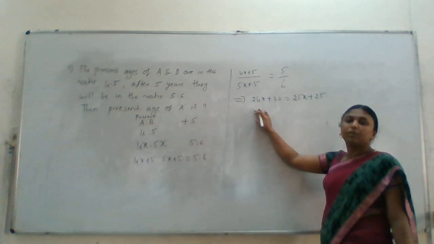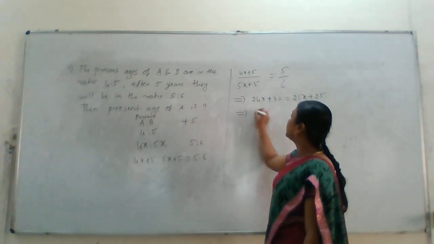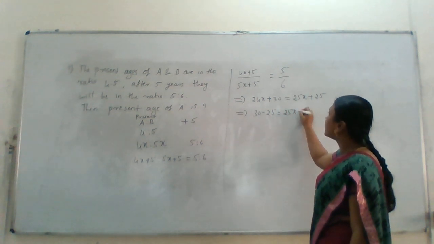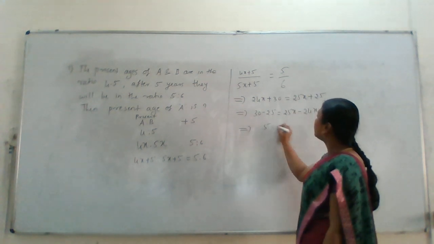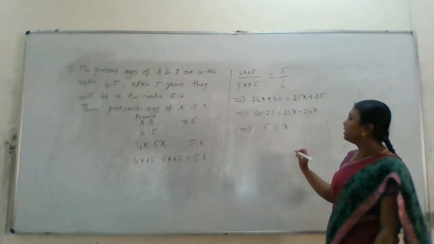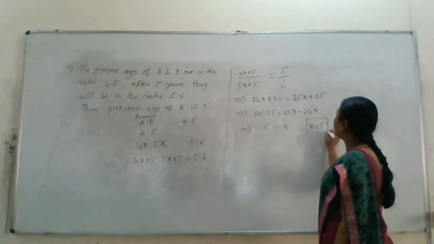Now take 24x to the RHS and 25 to the LHS. So 30 minus 25 is equal to 25x minus 24x. That is 5 is equal to x, so x equals 5.